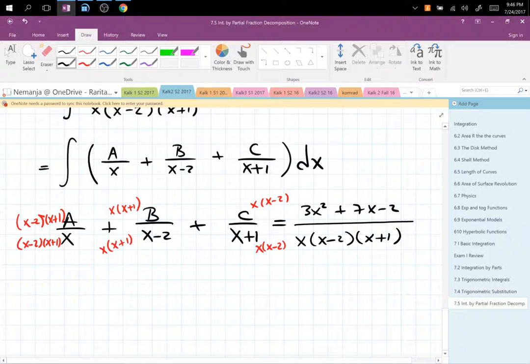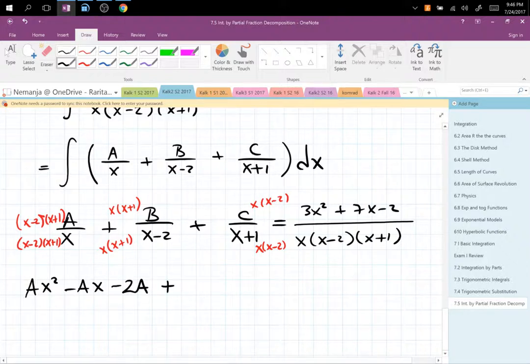X times x is x squared, so a x squared. Plus x, and then minus 2x is minus a x. Minus 2 times 1 is minus 2a. So I FOIL, and then I multiplied everything by a.